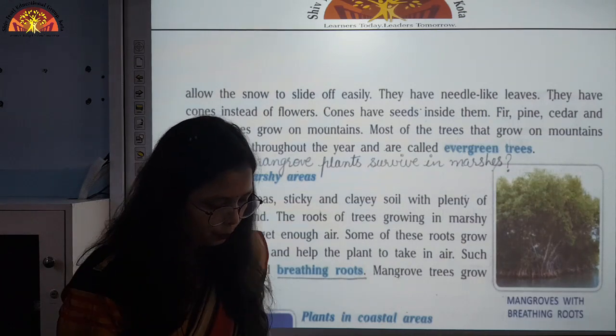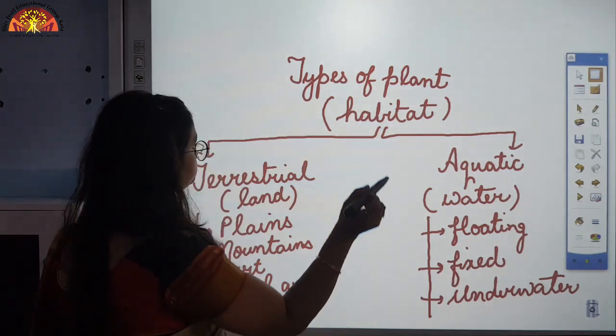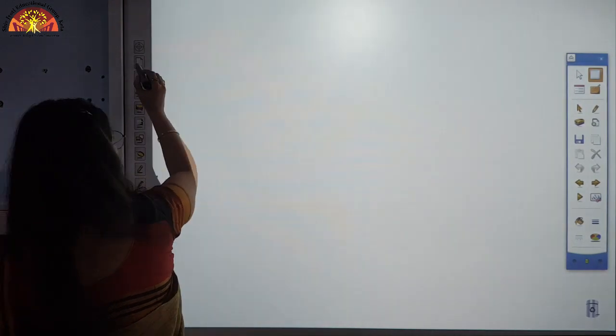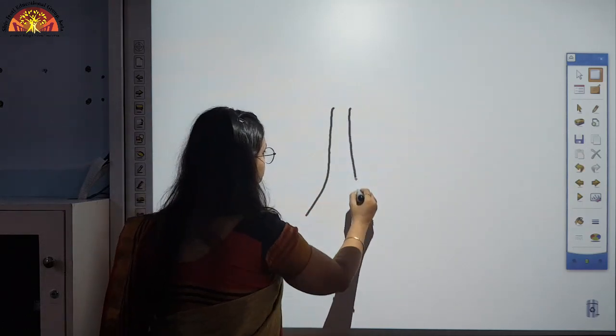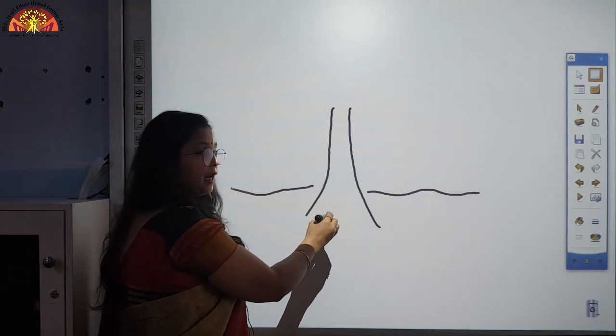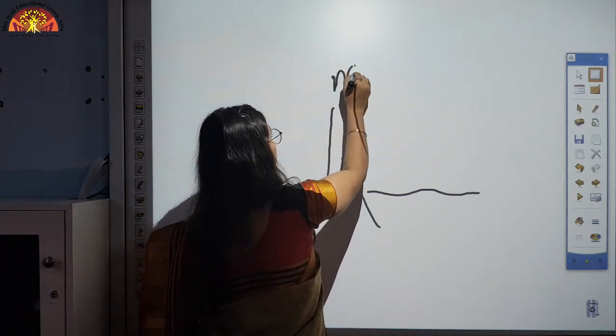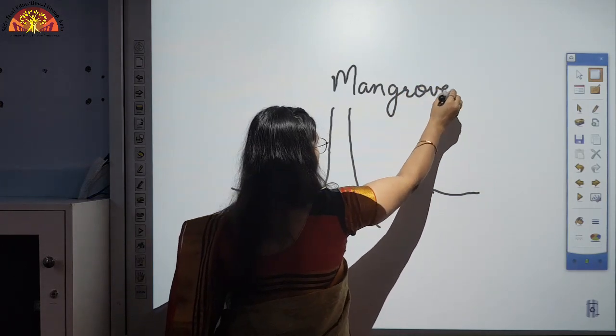Now let me show you what type of roots these are. See children, now this is a tree trunk, this is soil. So in this mangrove plant, what happens?